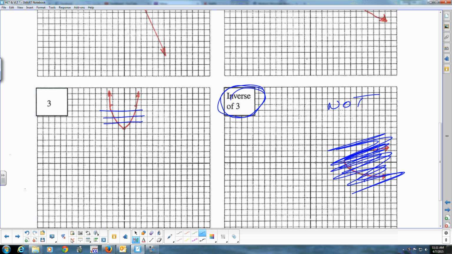Okay? I don't know if I need to go back and repeat that, but I guess I'm going to. If you got it, you can stop listening. But if you're a little unsure, I'm looking at this graph. Is it a function? Yes, because it passes the vertical line test. Is this one a function? I test it with the vertical line because I can see it. It fails, so it is not a function.